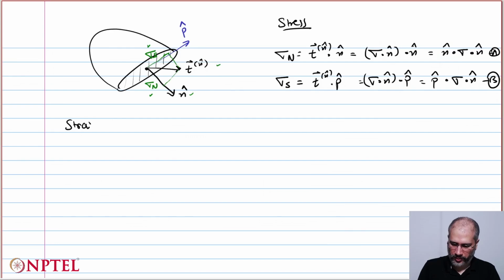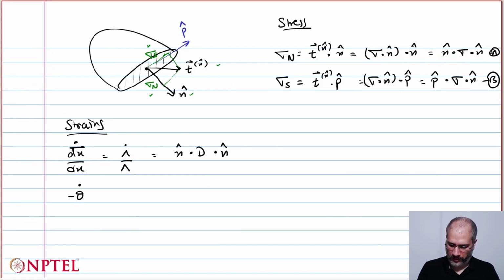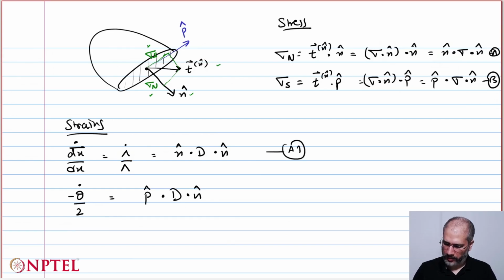Now in strains, we have λ dot upon λ, which we call the rate of stretch per unit stretch, as n dot d dot n, and the rate of decrease of the angle upon 2 as p dot d dot n hat, where p is our n1 and n hat is the n2. And this I'll call A1, and this I'll call B1.